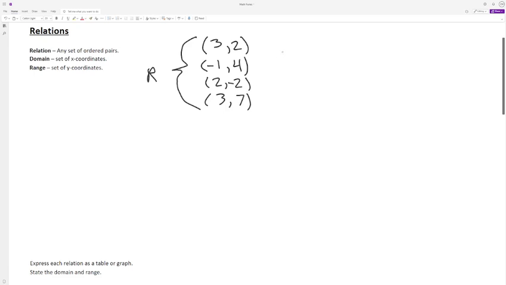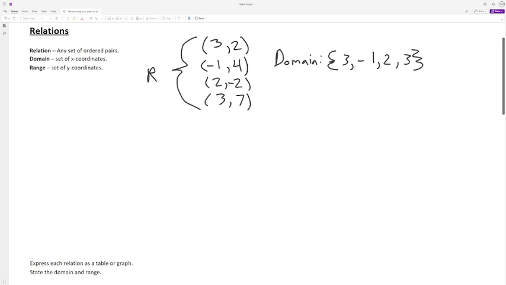So if I said list the domain of this relation, you could write the domain consists of 3, -1, 2, and 3.